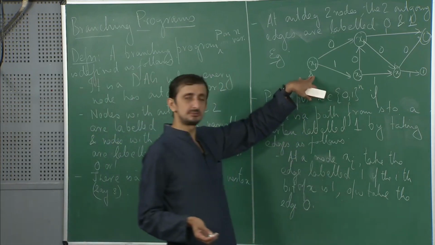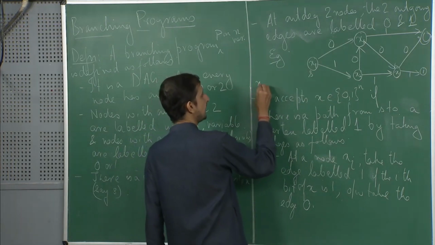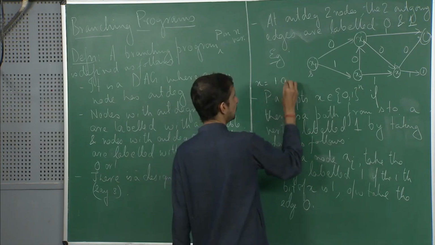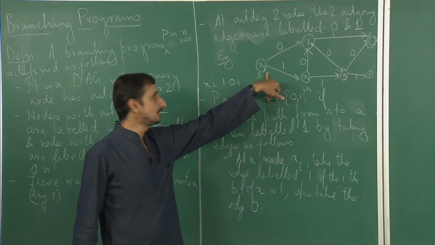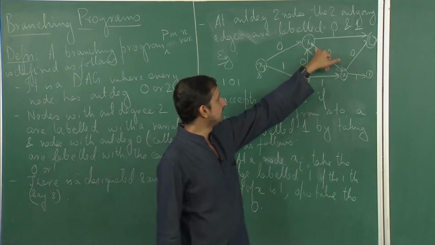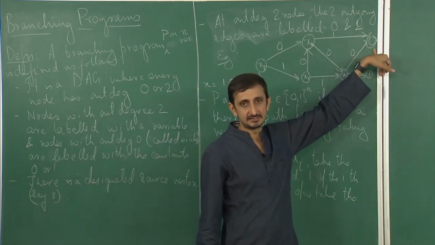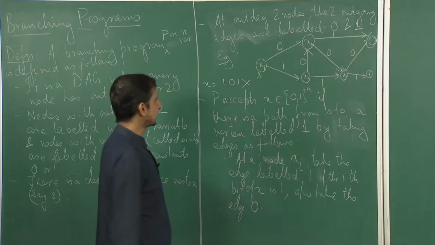So you start at the source vertex. Now suppose I consider an input x. We have 3 variables over here. Let's consider the input 1 0 1. I start at the source. x1 is 1, so I take 1. Now I come at x2. x2 is 0, so I take 0. x1 is 1, so I take 1 and I land at 0. So this input is not accepted.